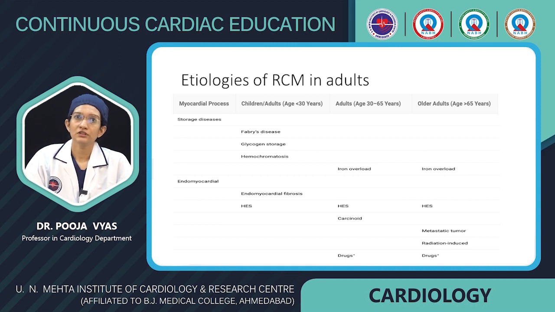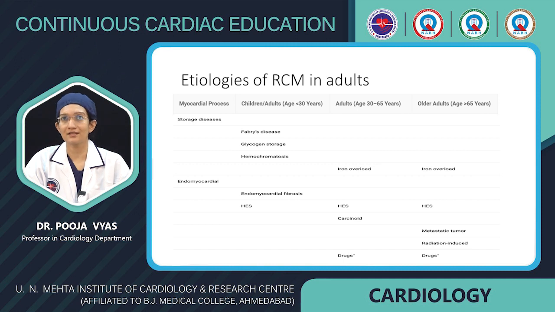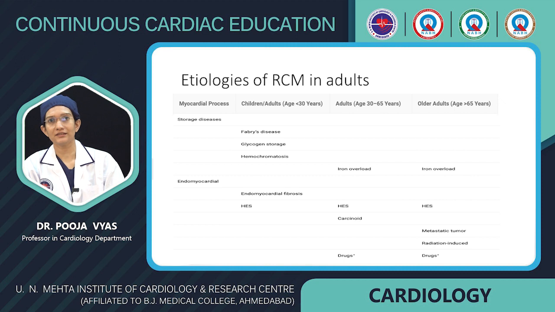Now coming to the storage diseases like Fabry's disease, glycogen storage, and hemochromatosis, they are more common in less than 30 years of age, and others like iron overload, we can say that secondary hemochromatosis is more common in age more than 30 years.